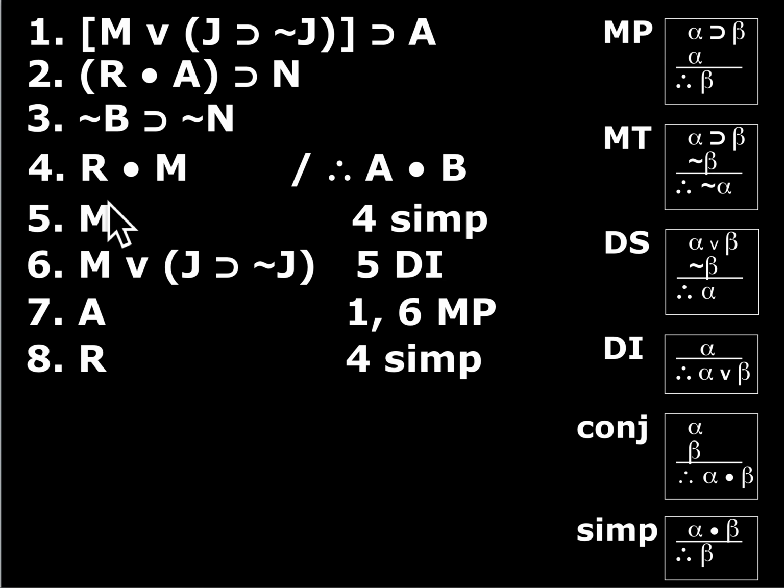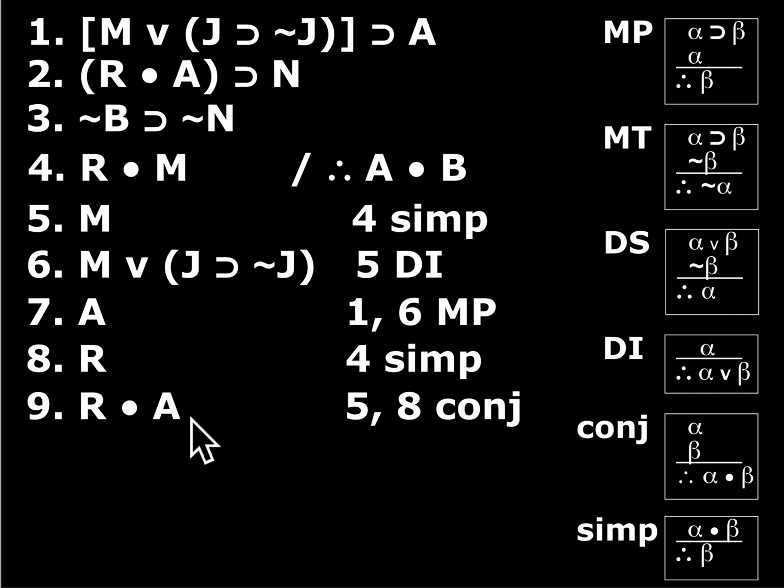Remember that I'm going to simplify R from line 4 so that I can get R and A by conjunction on 7 and 8. And the reason for that is that now I have this antecedent. I can get N by 2, 9 modus ponens.